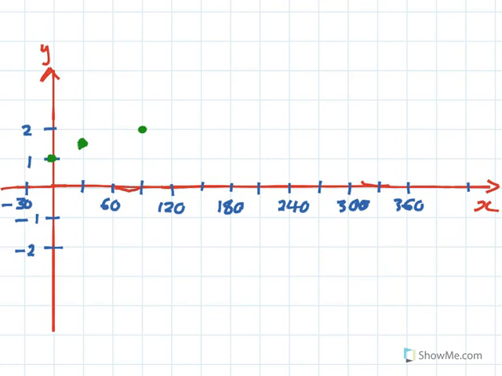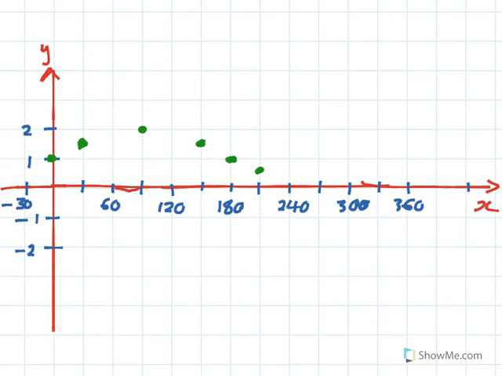And 120 is also 1.87, you can leave it. 150 is 1.5, much better. And then 180 is a 1, simpler number there. And the other one, 210, is 0.5, which is here.